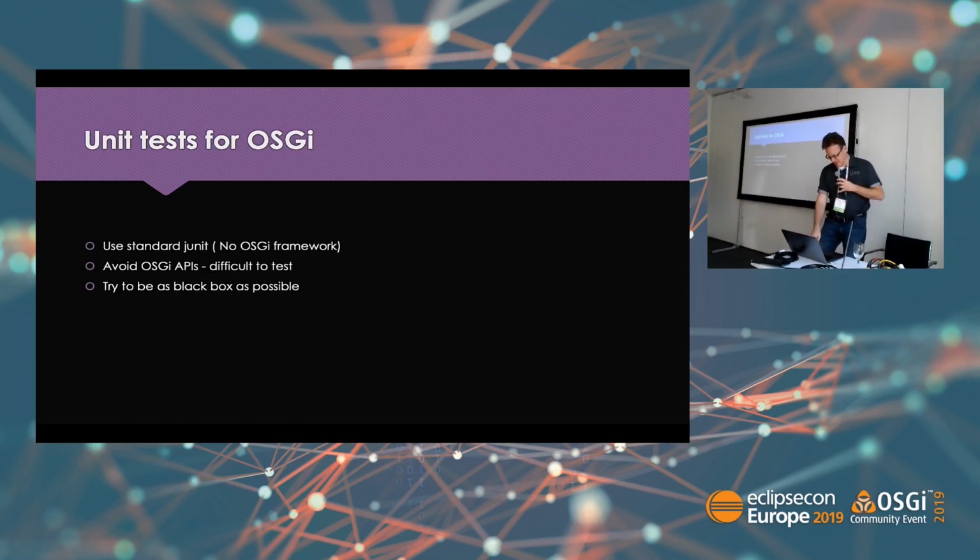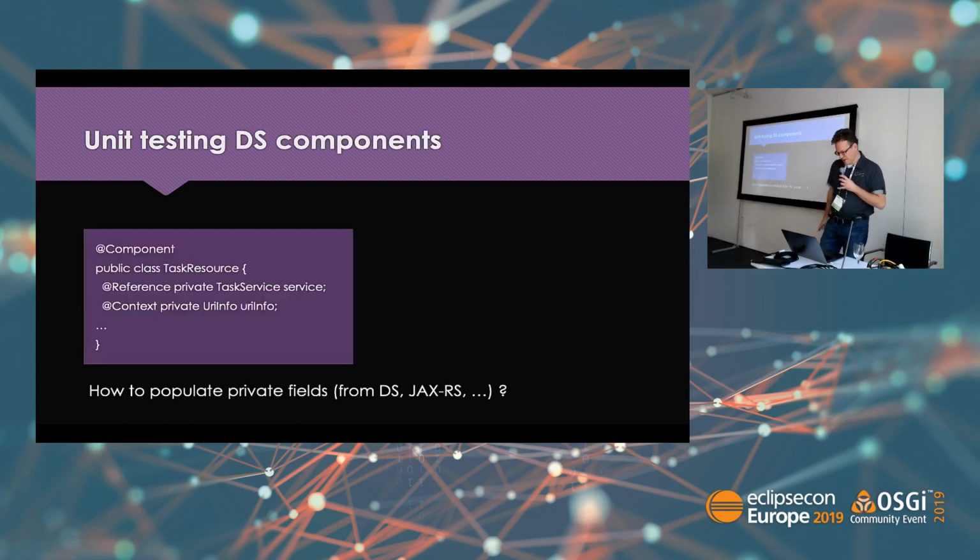Apart from that, one thing in OSGi that is very typical, you have some DI framework. This is, for example, with declarative services. You have a component, your class is set up with this, then you have injections of services, maybe also of other things, like here a JAX-RS context.